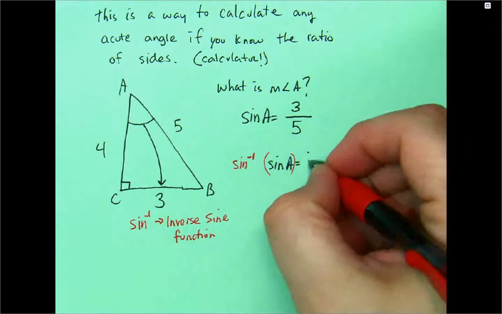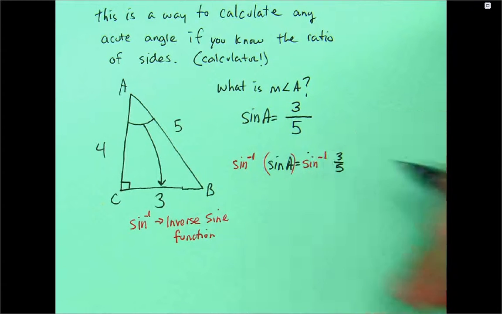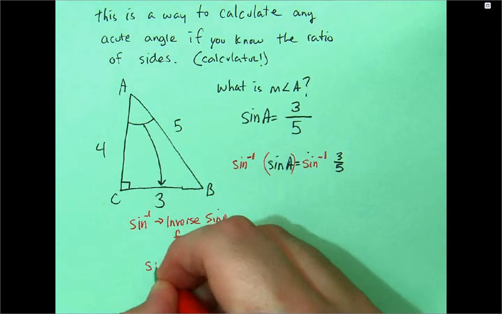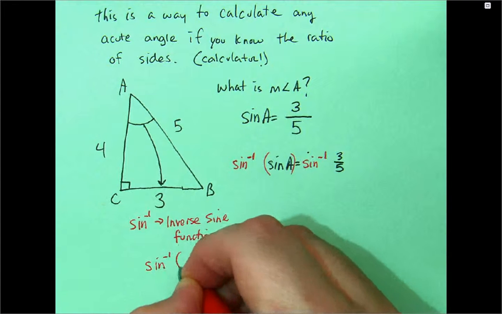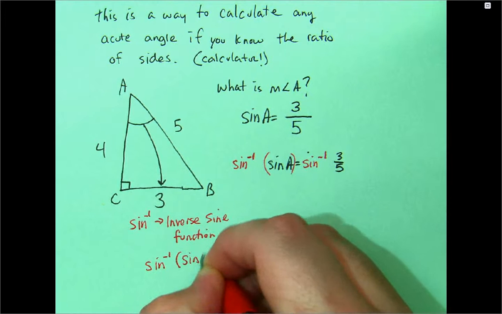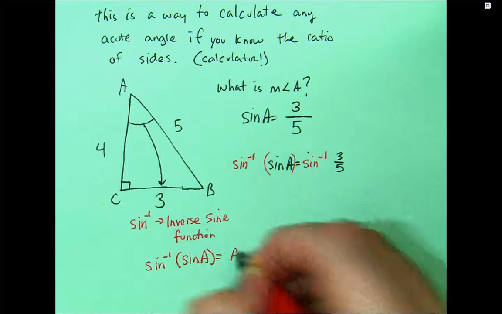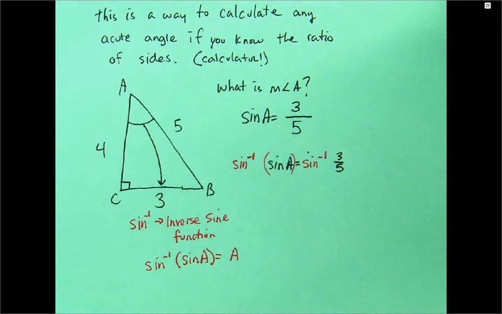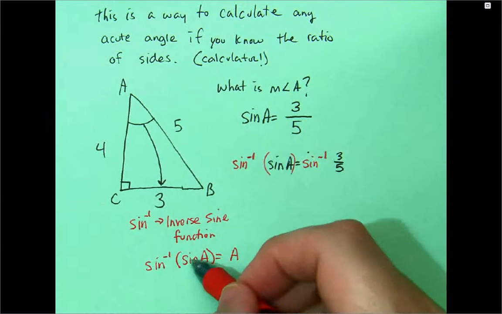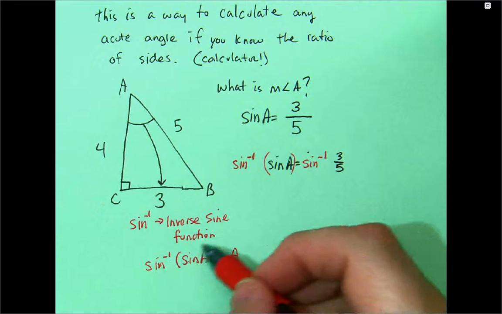If I take the inverse sine of both sides, the inverse sine of the sine of A is equal to whatever A is. It's like taking a number, adding 2, then subtracting 2. You get right back to the number. So the sine and the inverse sine basically cancel each other out.